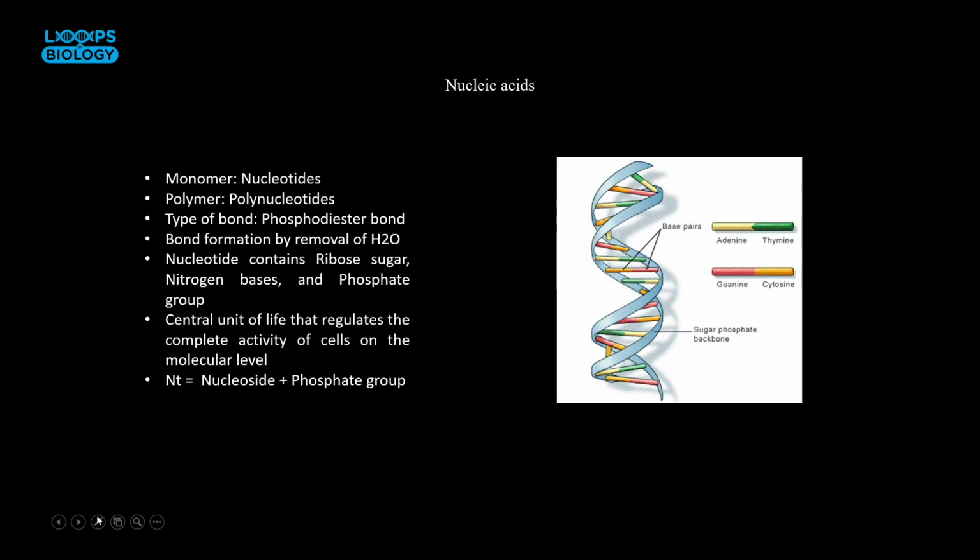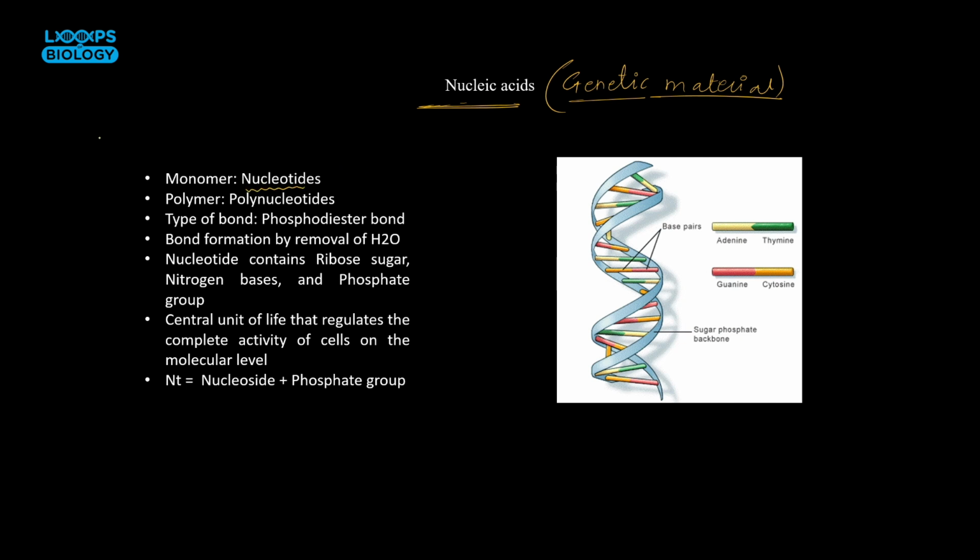So moving on to the next biomolecule, that is your nucleic acid. It is one of the important biomolecules, because this biomolecule is present in the genetic material of an organism. If I'm talking about monomers, these monomers are called nucleotides.